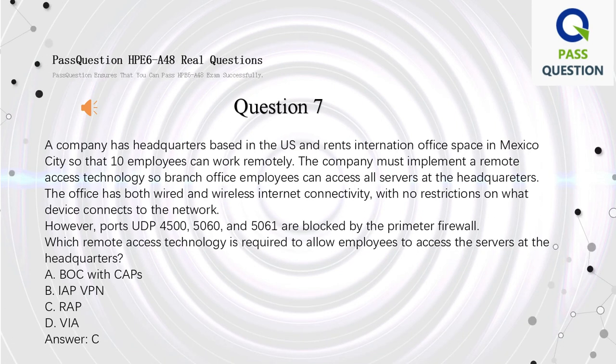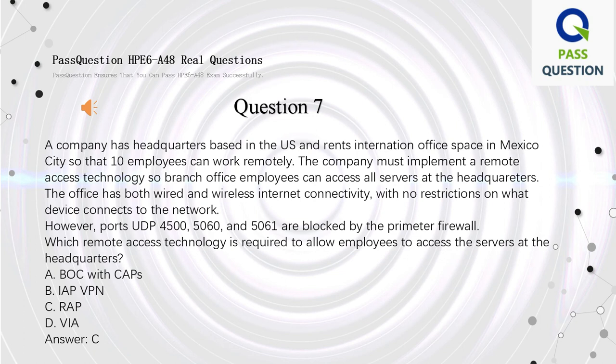Question 7. A company has headquarters based in the U.S. and rents international office space in Mexico City so that 10 employees can work remotely. The company must implement a remote access technology so branch office employees can access all servers at the headquarters.